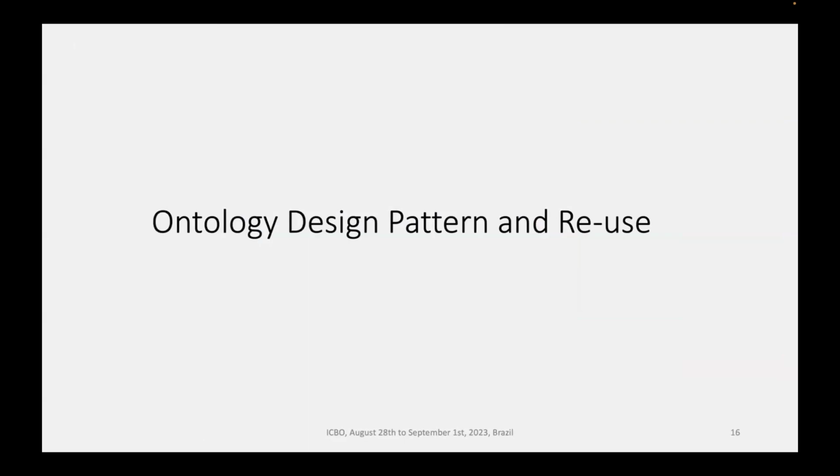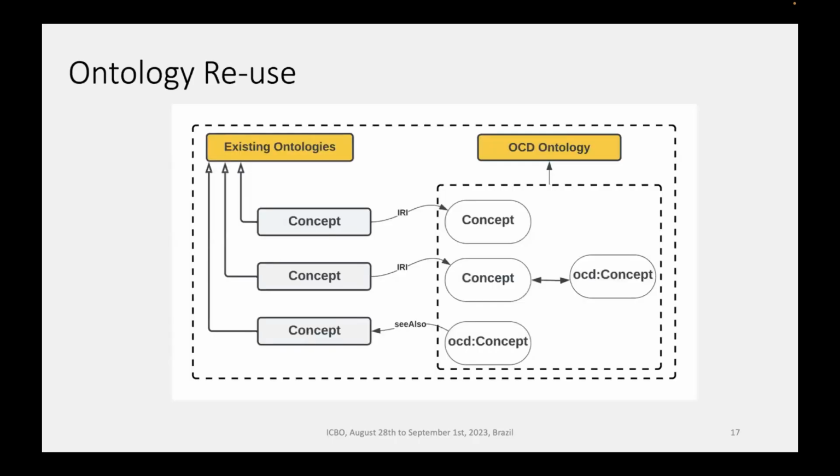I will talk about the design pattern and reuse strategies that constitute a foundational aspect of our approach. So reuse offers an efficient and structured way to build upon existing ontologies, ensuring consistency across different domains. And our reuse strategy encompasses three distinct approaches, each tailored to a specific scenario.